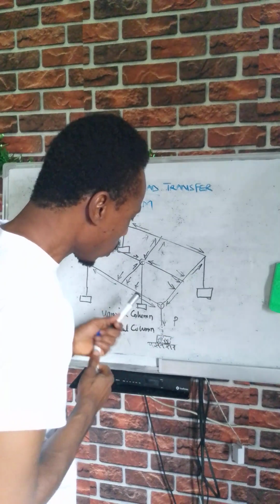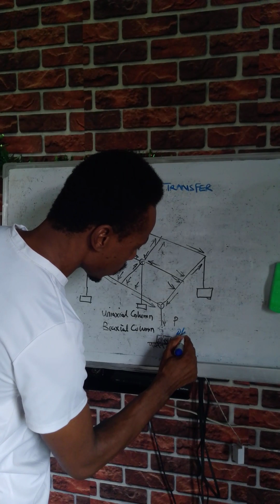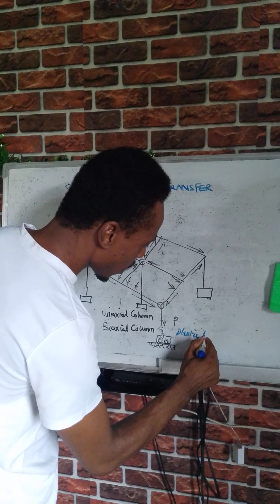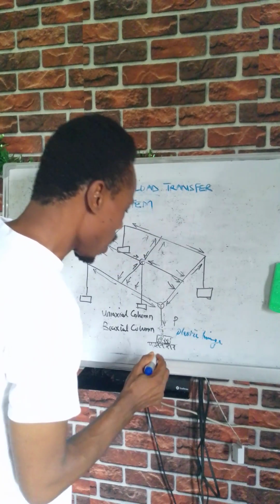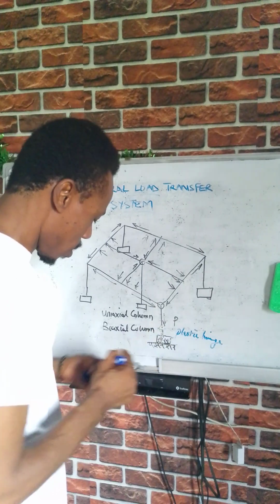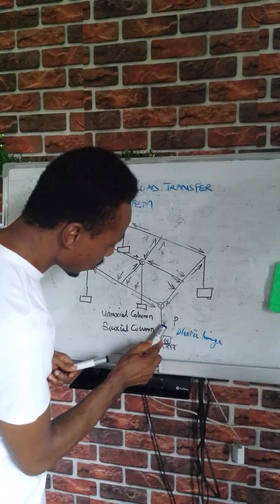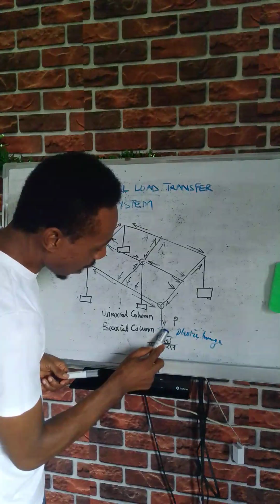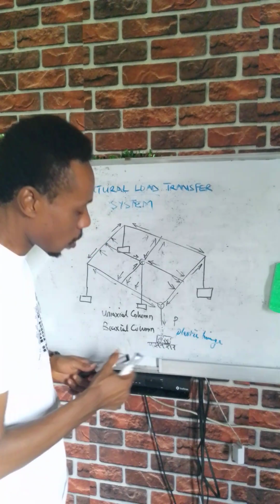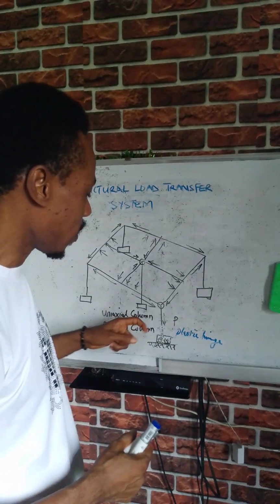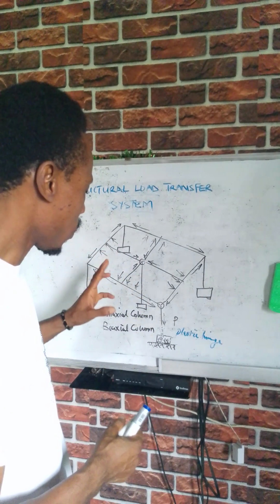It is called plastic hinge. It is called plastic hinge. Normally it is good to stiffen that area, that zone, because it will give good resistance to lateral forces.